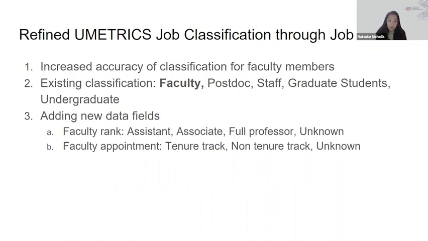When the project was transferred to IRIS last summer, we worked on refining classification with the focus on faculty ranking and appointment, mostly to meet increased needs and interests from the research community. This would help to differentiate junior faculty from senior faculty, for instance, when analyzing the impact of grants on career development of junior faculty.